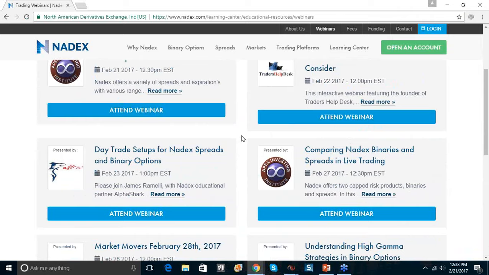I weigh my options there, and that's again the great thing about Nadex: you've got the options of both binaries or spreads, and with either one you've got tons of strikes to choose from, tons of floors and ceilings, and tons of different expirations. So I want to really get your head wrapped around not just I'm a binary trader or I'm a spread trader, but I'm a Nadex trader. I want to look at the market, look at my options, and figure out the best one for me.